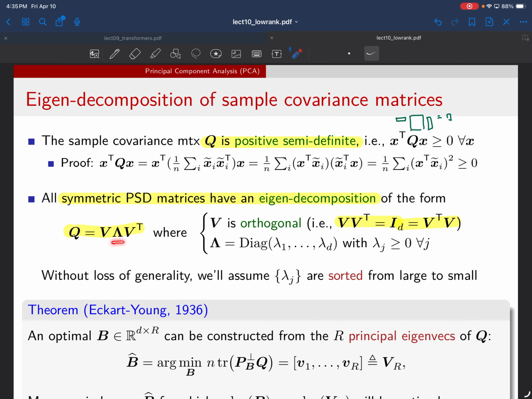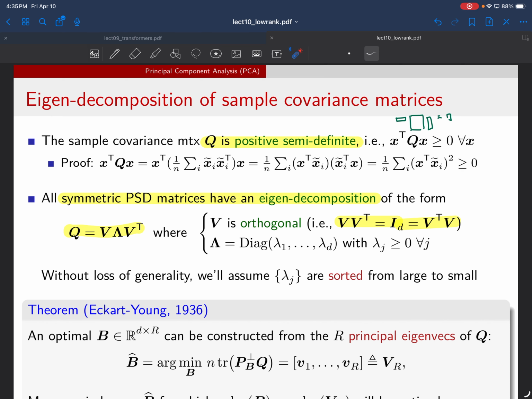And then this lambda matrix is a diagonal matrix composed of these scalars, and these scalars are all going to be real numbers, and even more, they're going to be non-negative. So those are special things that happen with symmetric positive semi-definite matrices. If you have a generic matrix and you compute its eigendecomposition, it may actually involve complex numbers.